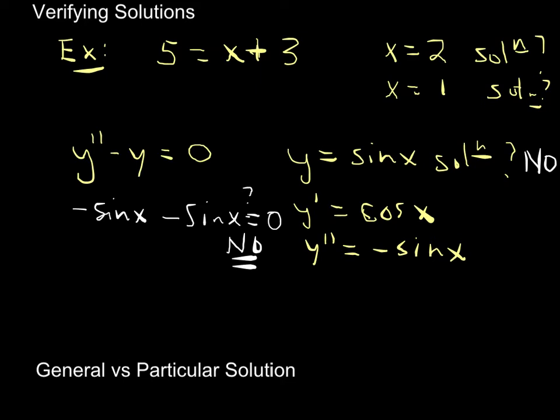Let's ask the question, is this guy here, so y equal to 4e to the minus x, a solution? Okay, so we're going to use the same differential equation, and we can go through and check different solutions, okay?